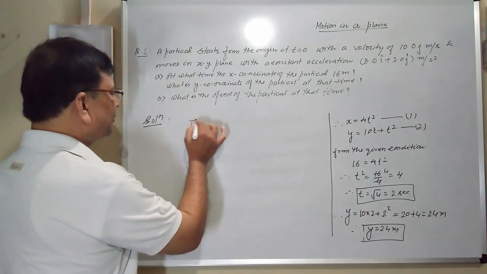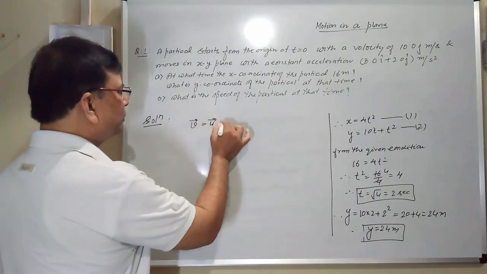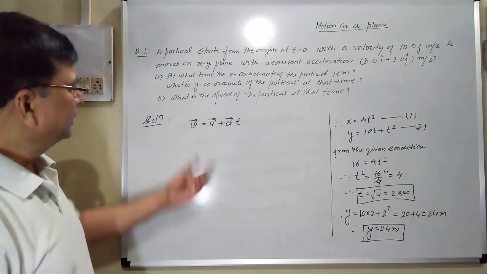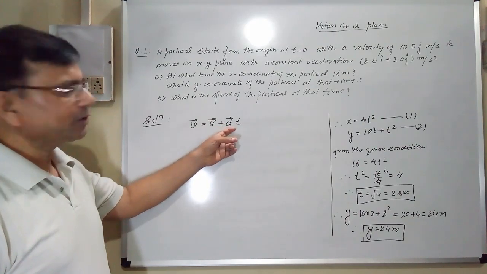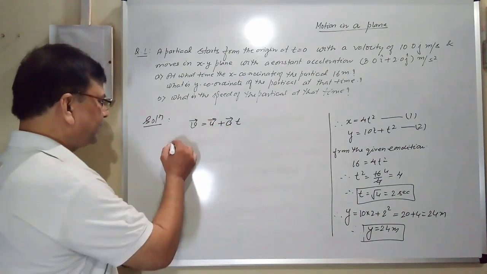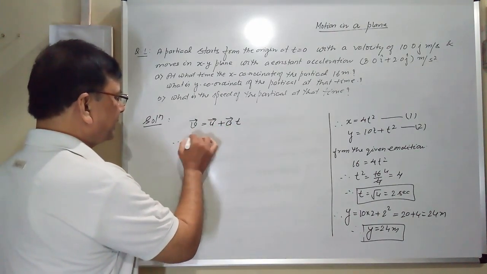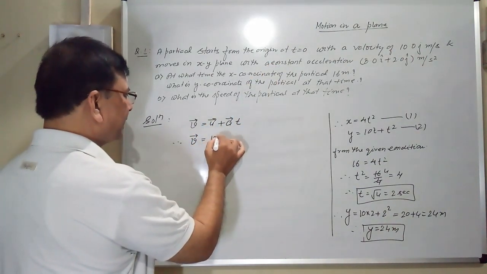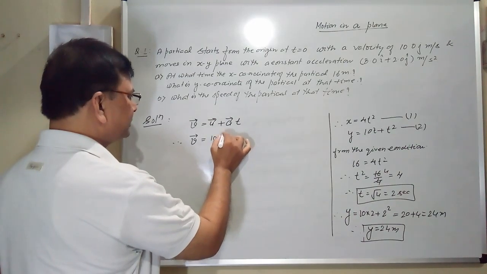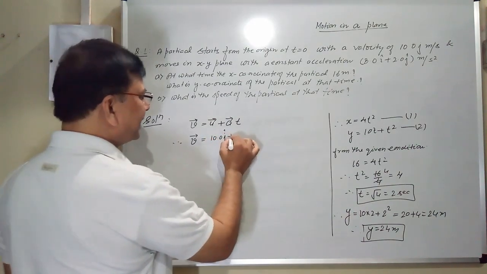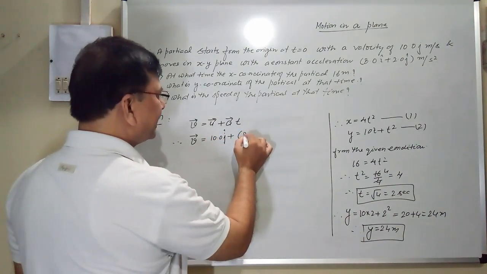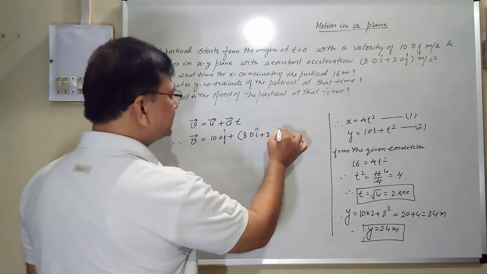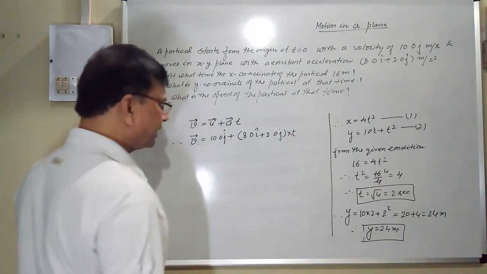That is in the vector form, v is equal to u plus at, right? So initial velocity is known, constant acceleration is known, therefore v is equal to, u is 10.0 j, plus a is 8.0 i plus 2.0 j into t.